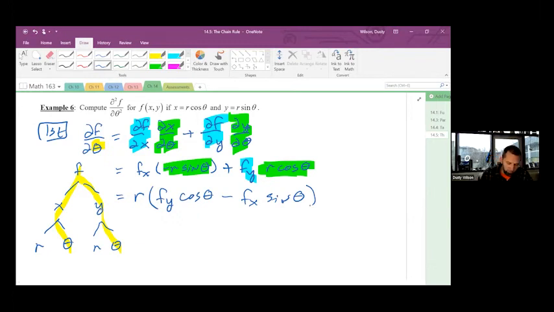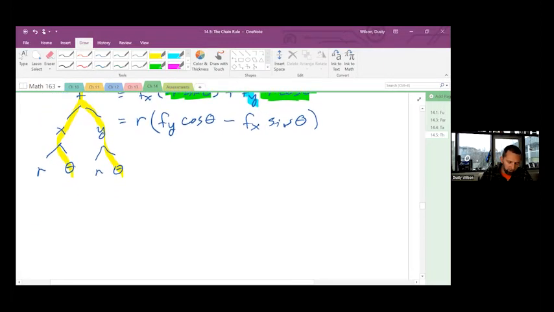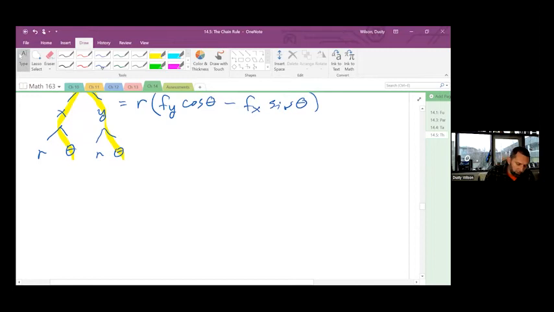So next up, we want to find the second partial of f with respect to theta. And this is a little bit involved, just a heads up.